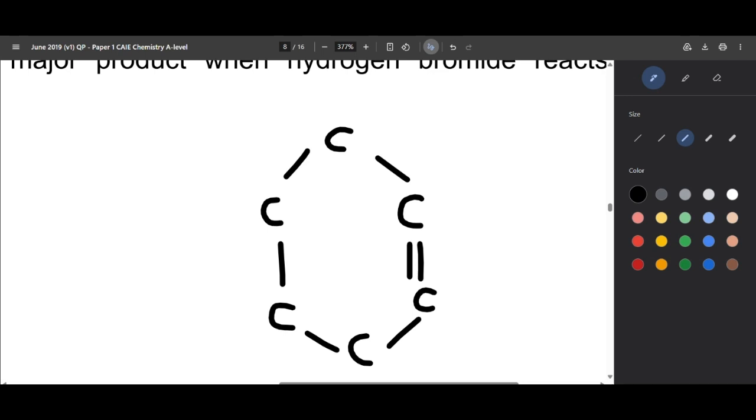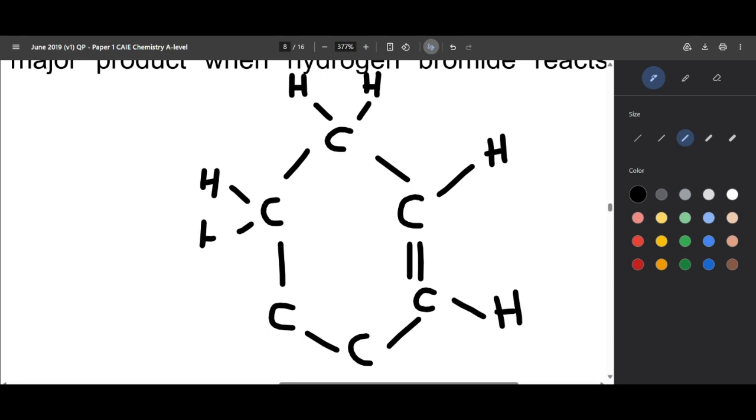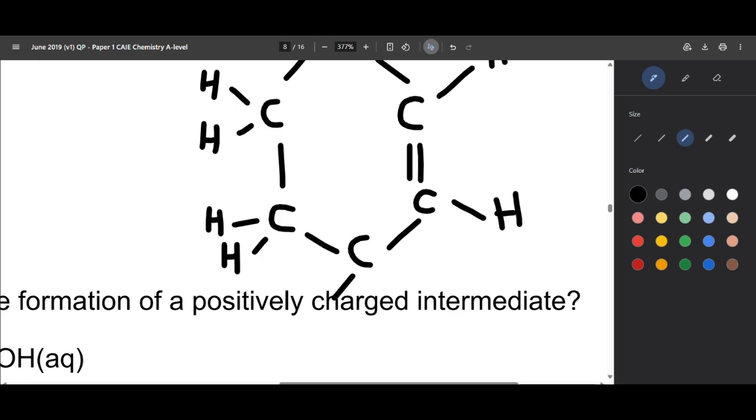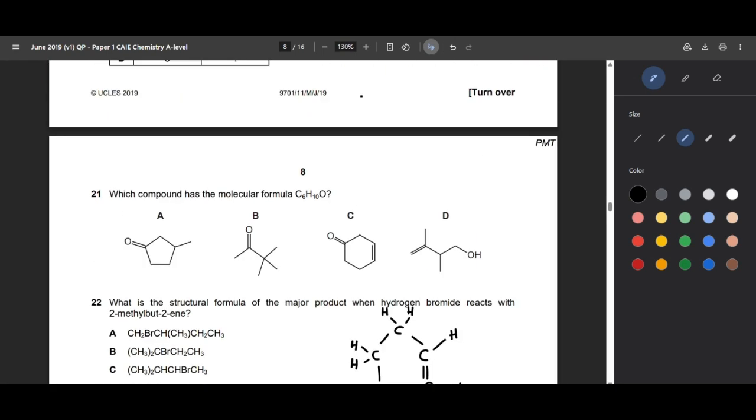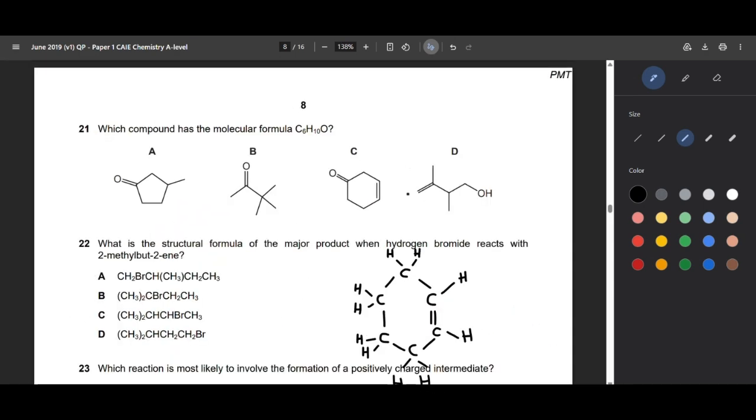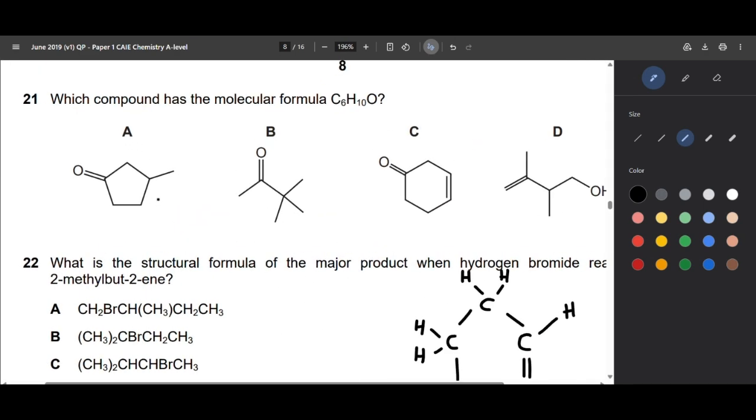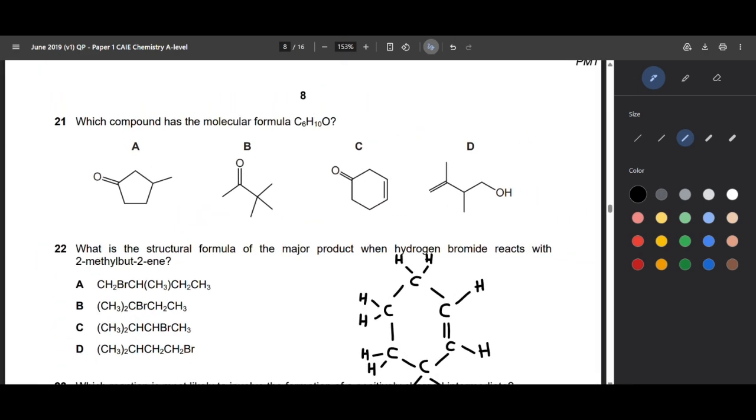C is double bonded, and then there is H in here, H in here, 2H in here, also 2H, also 2H, and this also has 2H. And if plus O, it's going to be A.